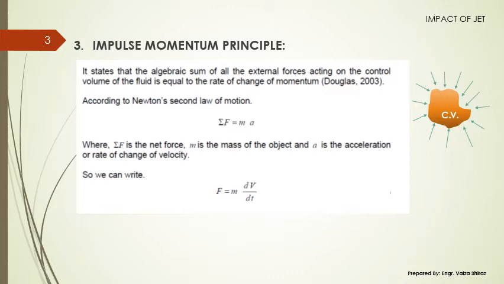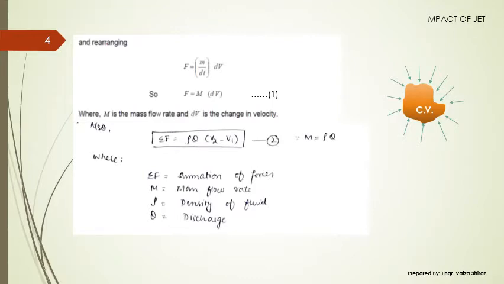If we simplify the above equation, that is simply F is equals to m dv over dt, and if I further rearrange this as F is equals to m over dt into dv, over here this m over dt, which is the mass of the fluid passing through any section per unit time, this ratio is termed as mass flow rate, and the symbol of the mass flow rate is capital M. Further, you can simplify this equation by replacing this m with the relation rho into q, and final equation is summation of F is rho q v2 minus v1.